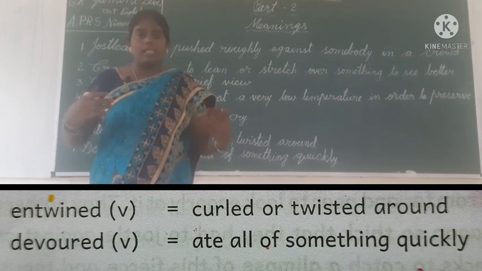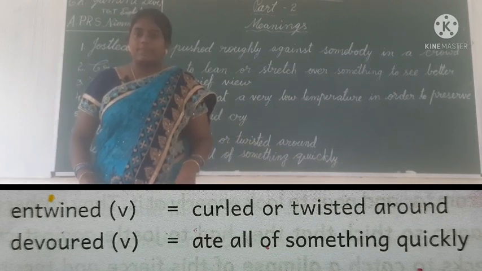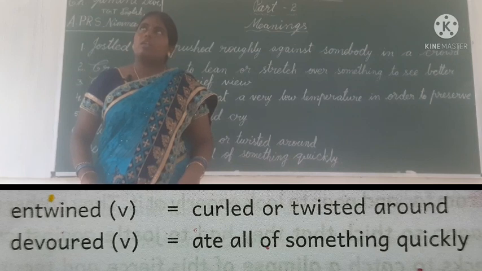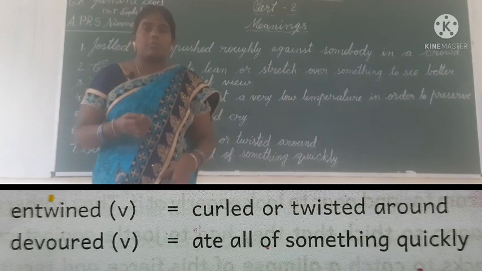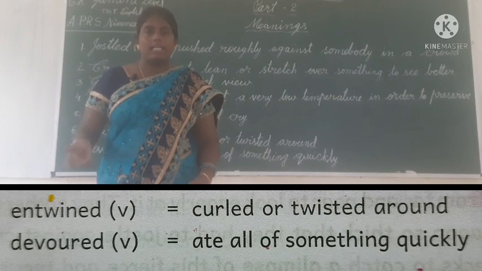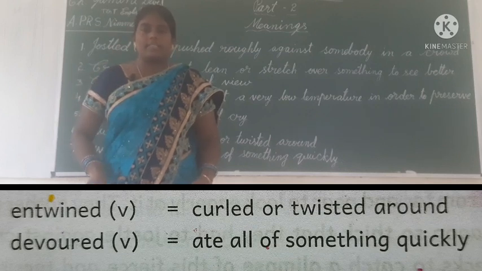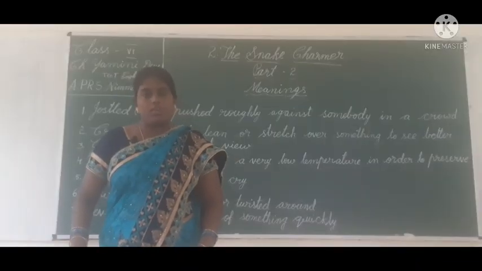Okay, but suddenly it came alive because of the warm sun rays, and he was shocked. With the shock he stood there, and the dragon devoured him. That means it ate all of the snake charmer quickly, at a time. Do you understand the meaning of the word devoured?